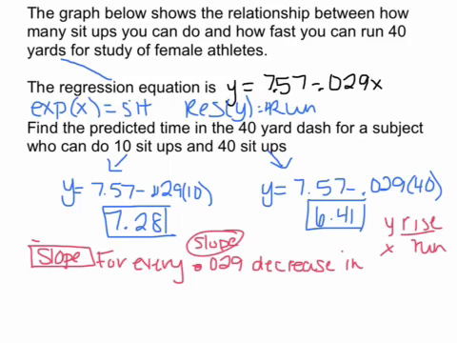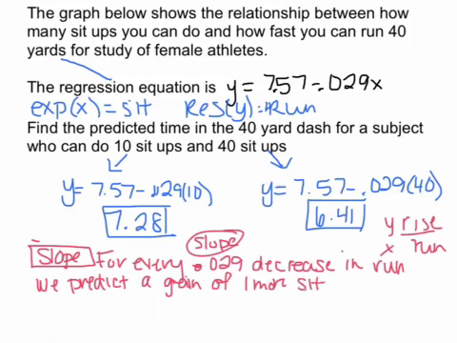So a decrease in the run, we predict a gain of one more, and at this point, it's going to be the sit-ups, because that's the x.